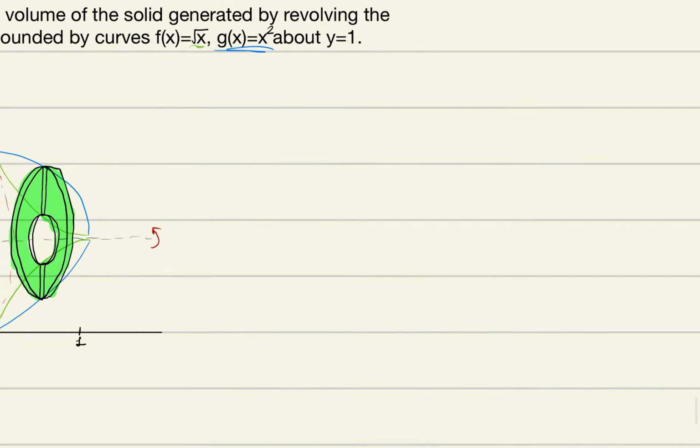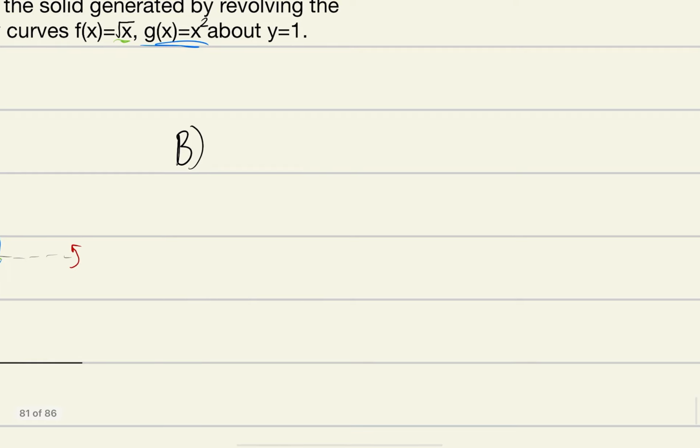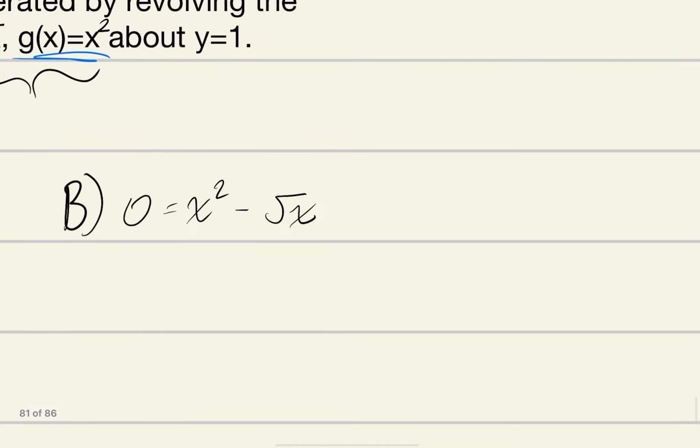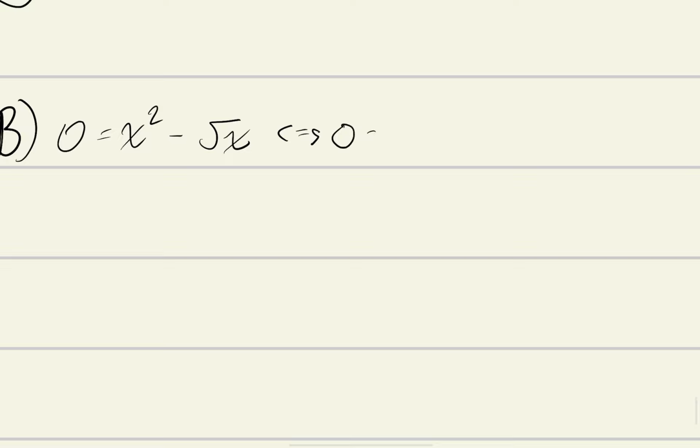So now we need to find our limits, which can be set by setting these curves equal to each other. And we'll skip a step by subtracting square root of x from each side. And we can pull out an x to the 1/2.